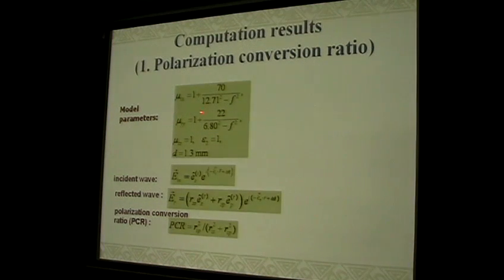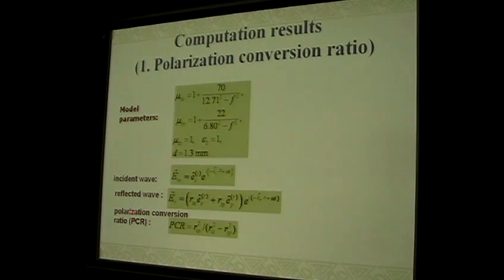If the top magnetic layer takes this kind of magnetic resonance behavior, when the incident wave takes these polarizations, the reflected wave will no longer be a single S-polarized wave. It contains both an S-polarized wave and a P-polarized wave.